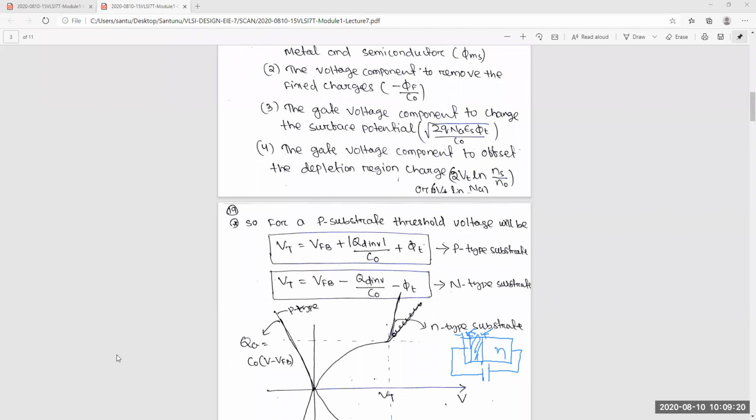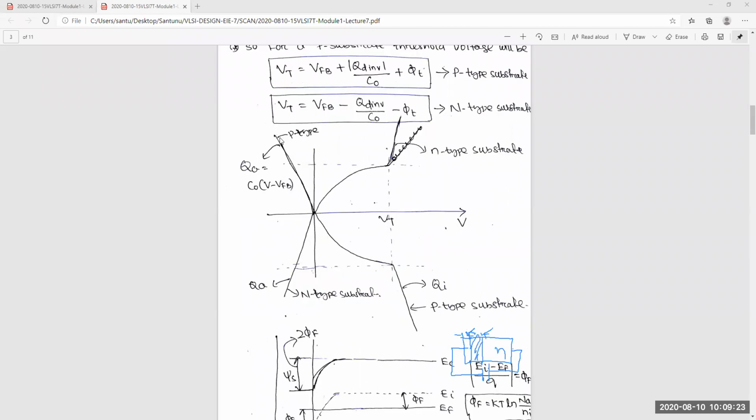So here you can see, initially we have plotted the QV characteristics of the ideal MOS structure. This is the QV characteristics of both.